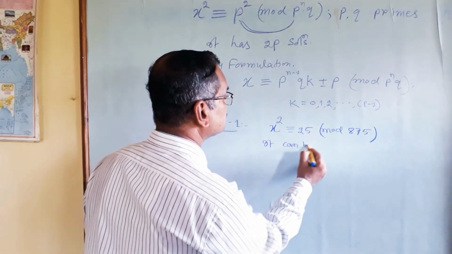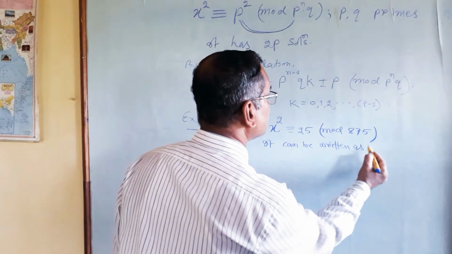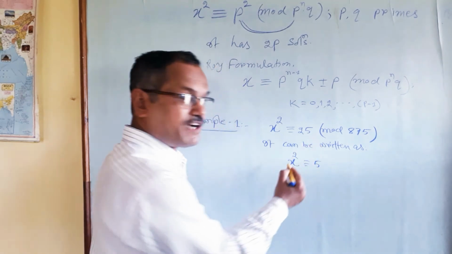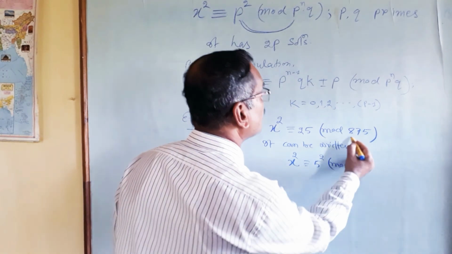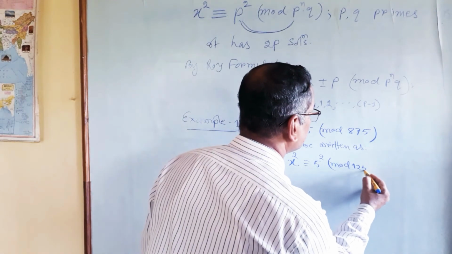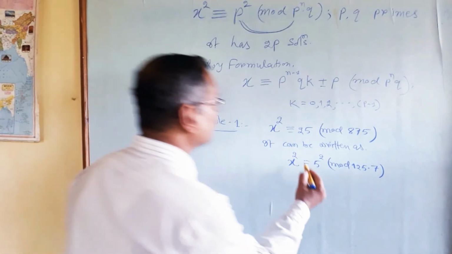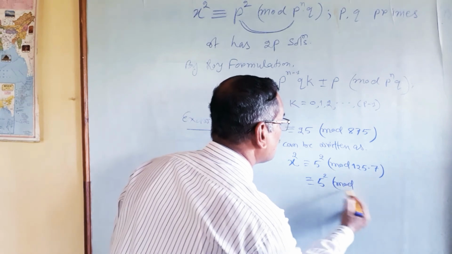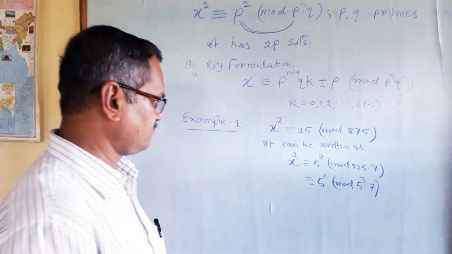It can be written as x square congruent to 25, which means 5 square, mod 875, which can be expressed as 125 into 7, that is 5 cube into 7.